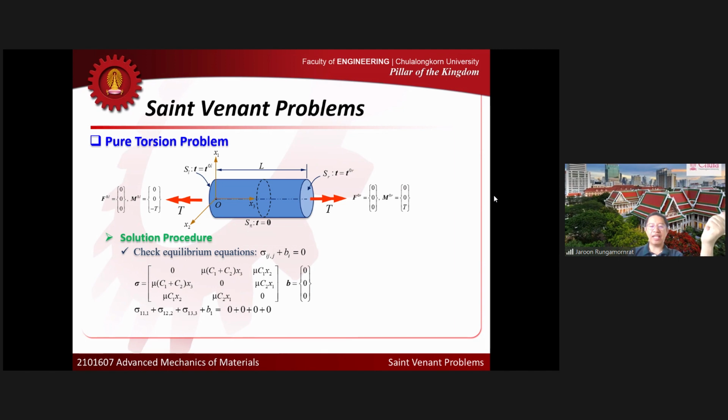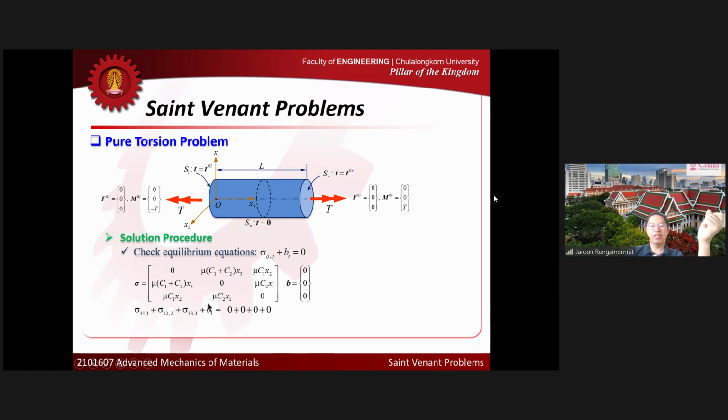So you can see clearly, for example, for the first equation, when i equals 1, you get terms like sigma 11 comma 1, sigma 12 comma 2, sigma 13 comma 3, plus B1. But B1 is 0 because the body is subject to a zero body force field.